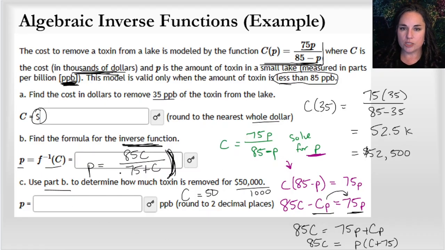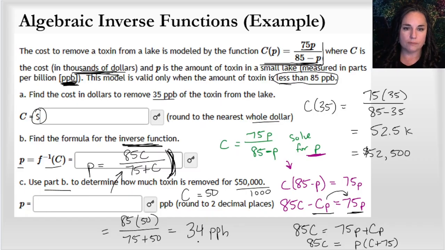So I'm going to plug into this equation. That's the advantage of this: I did the algebra, and now I'm just going to plug that value in. 85 times 50 divided by 75 plus 50. And when I plug that through, don't use 50,000, use 50 for thousands of dollars. 34 parts per billion. So that's how you do that problem.